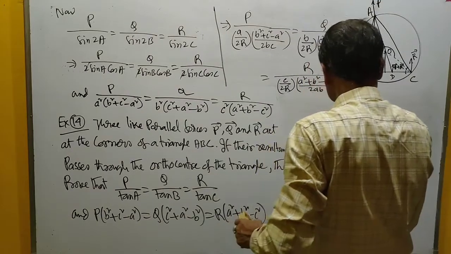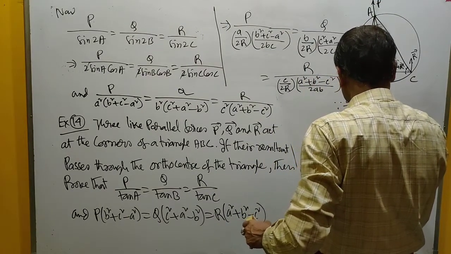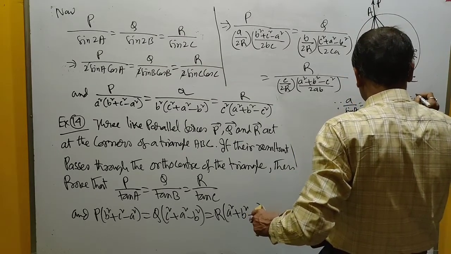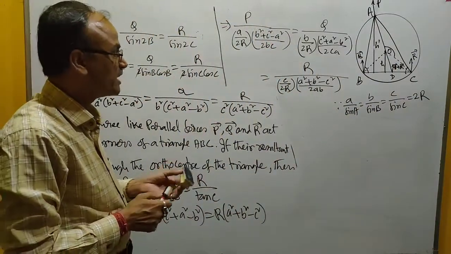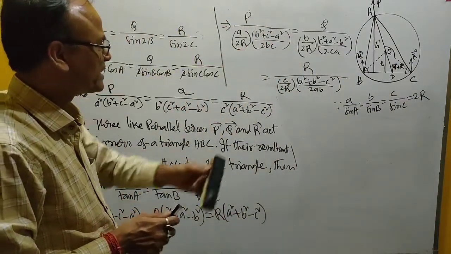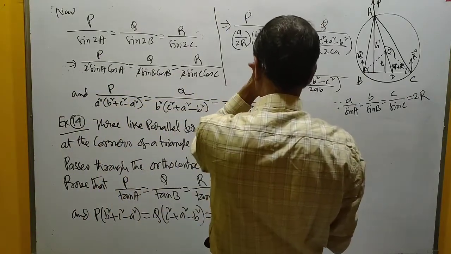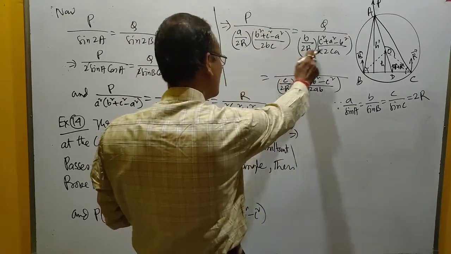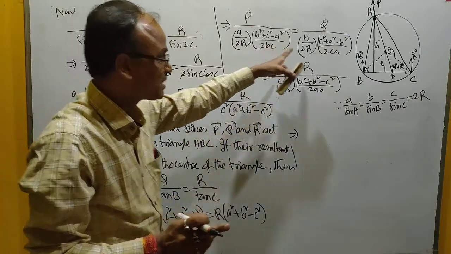This means, since a by sine A equal to b by sine B equal to c by sine C equal to twice R, sine A equals a by twice R, therefore twice R will be cancelled. This means you may write abc, 4R will be cancelled.